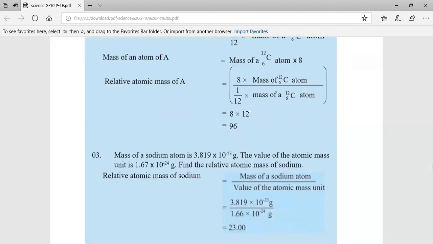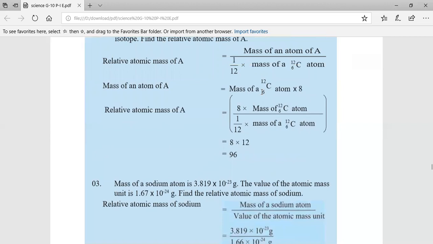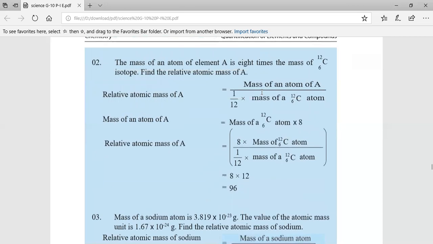We apply 8 times this, and here also the mass of a carbon-12 atom.